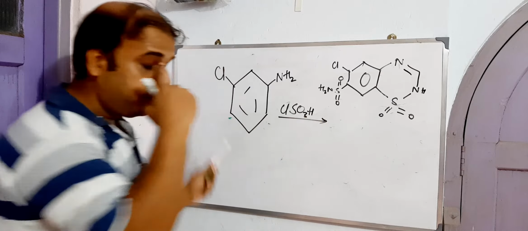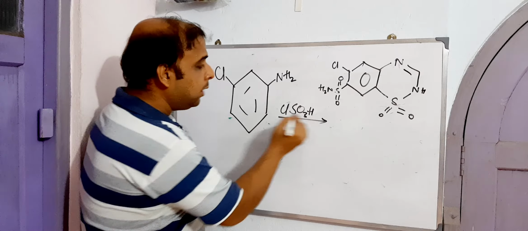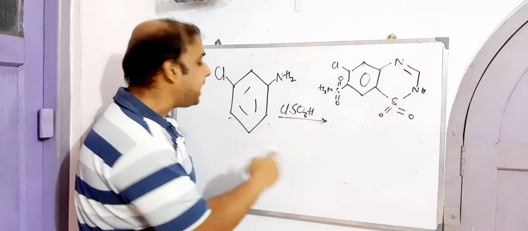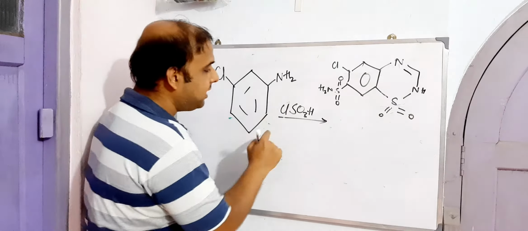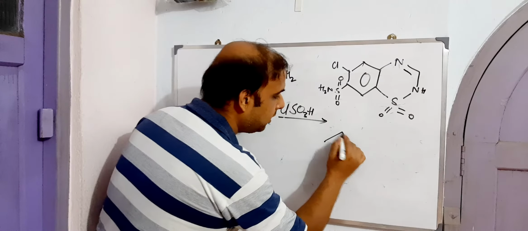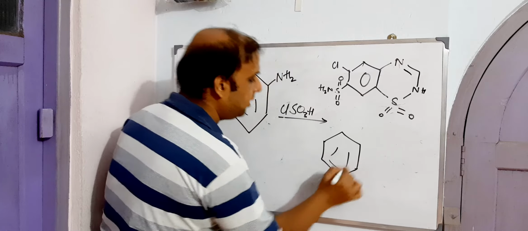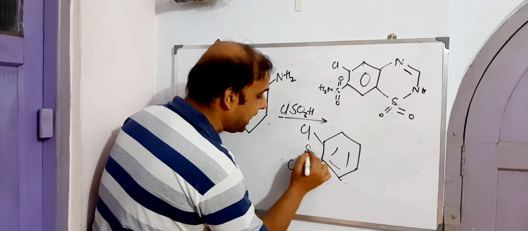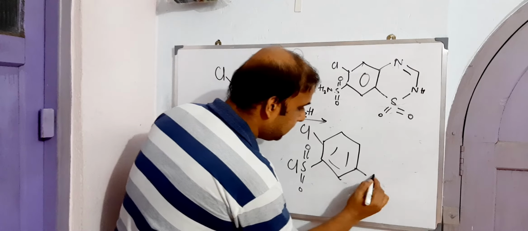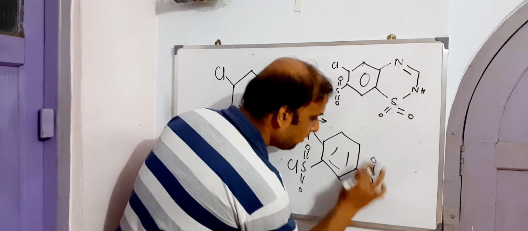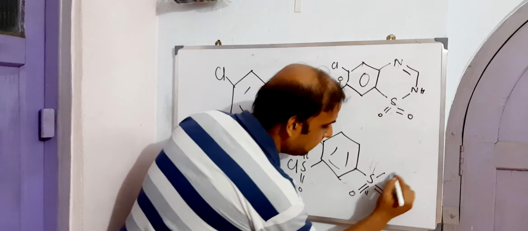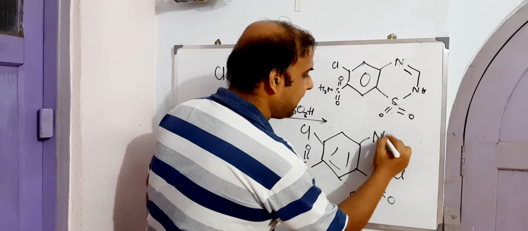So what this chlorosulfonic acid will do is insert SO2Cl on both sides. Thus we got what? After the reaction is over, we got both positions inserted, like this, with NH2 as usual.